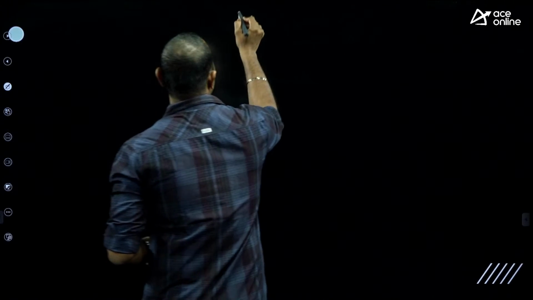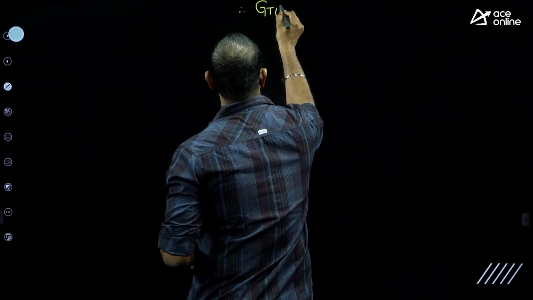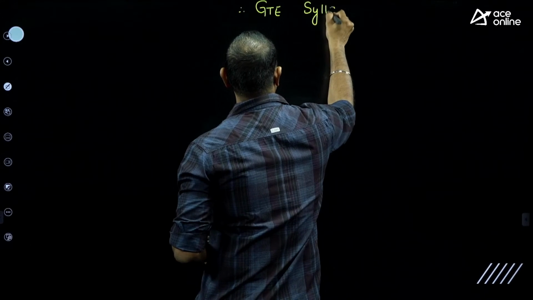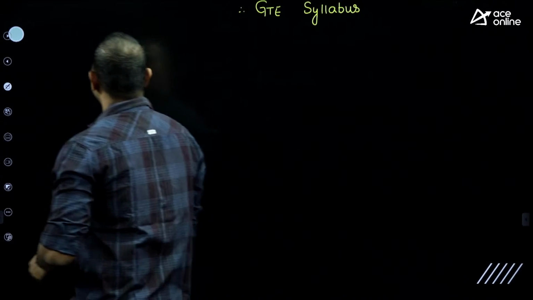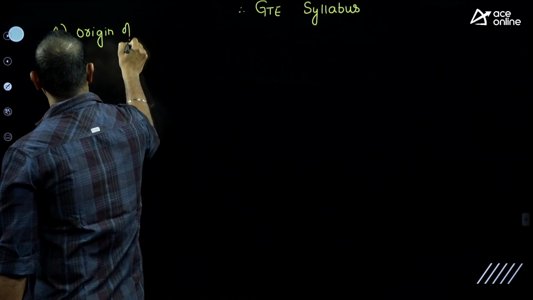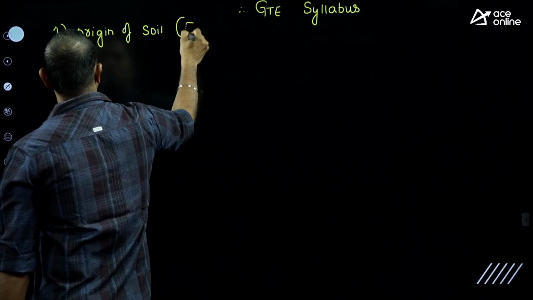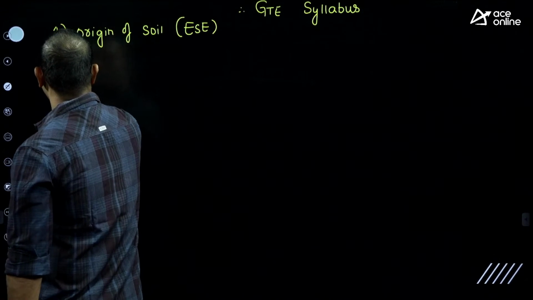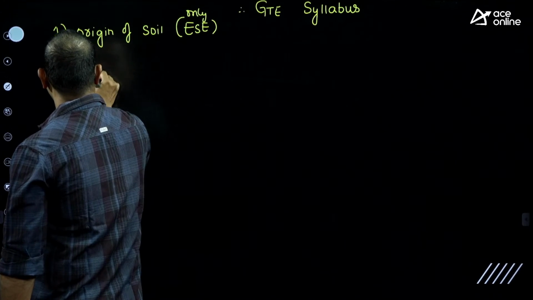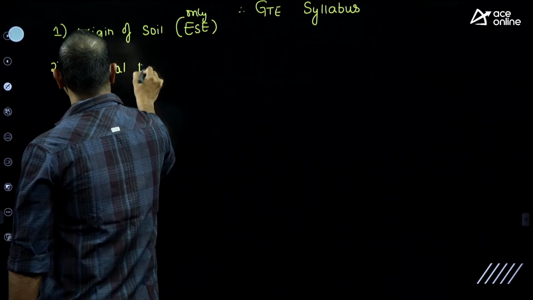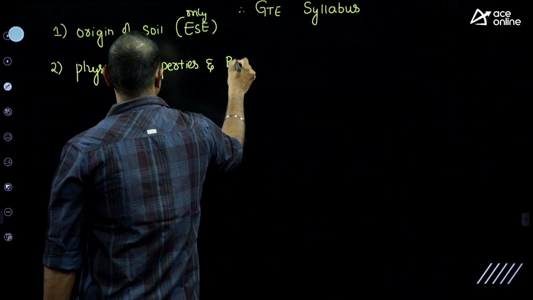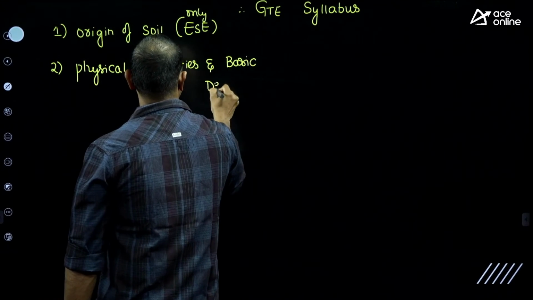If you see the geotechnical engineering syllabus, number 1, origin of soils. This is only for ESE. Number 2, physical properties and basic definitions.